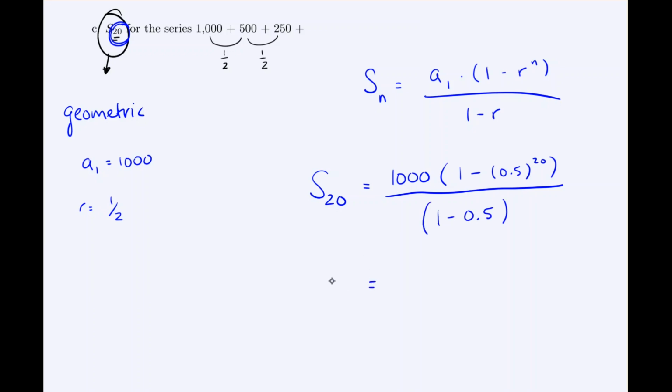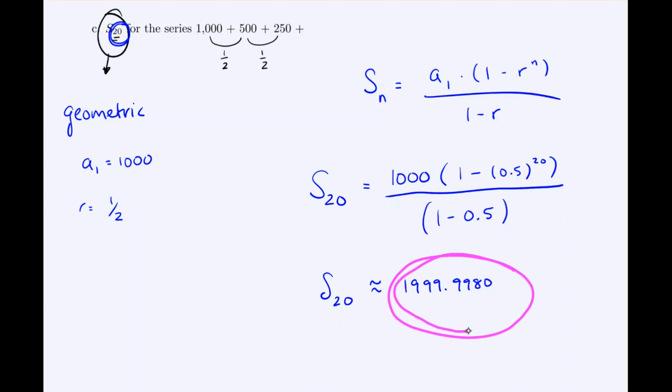Carefully evaluate this in our calculator, and that would give us about 1,999.998 when rounded.